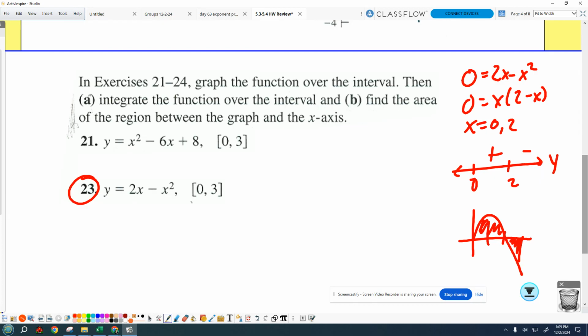You have your positives and negatives. We plug in 3, 0 to 2 and 2 to 3. Minus 4/3. Actually, that's just 4/3, because 4/3 plus 4/3 is 8/3.